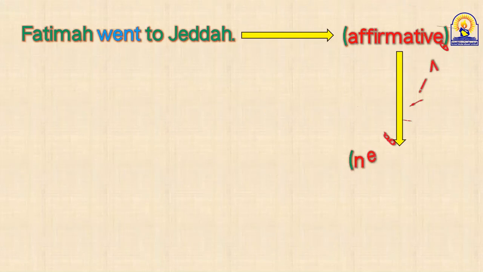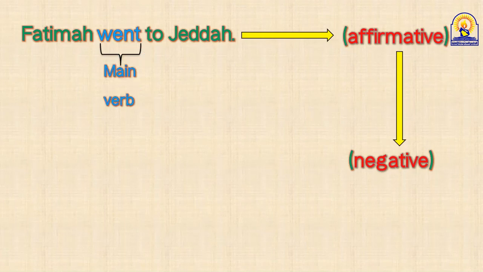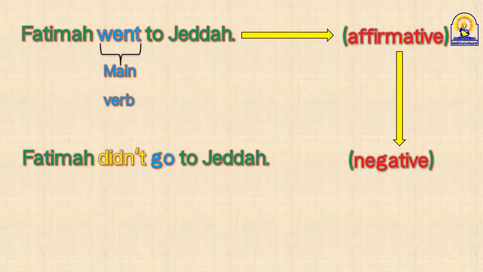Okay, let's check your answer, Amir. Excellent. Amir here, guys, he used didn't. He used didn't because the main verb went is in the past. So he used didn't for the past, and he changed the verb from past into infinitive, as you can see.